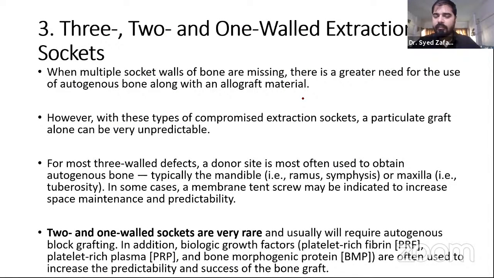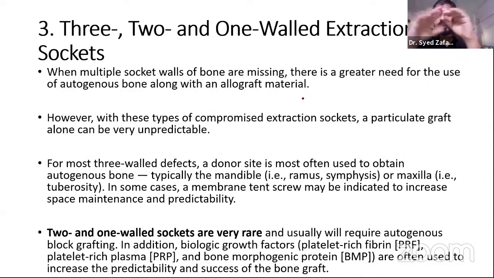And this is the most important. If there are three, two, or one walls in the socket, what will we do? First of all, we need something. We are using alloplastic material, but with alloplastic, we need autogenous bone graft, because it's a huge bony defect. We cannot predict what the outcome will be.